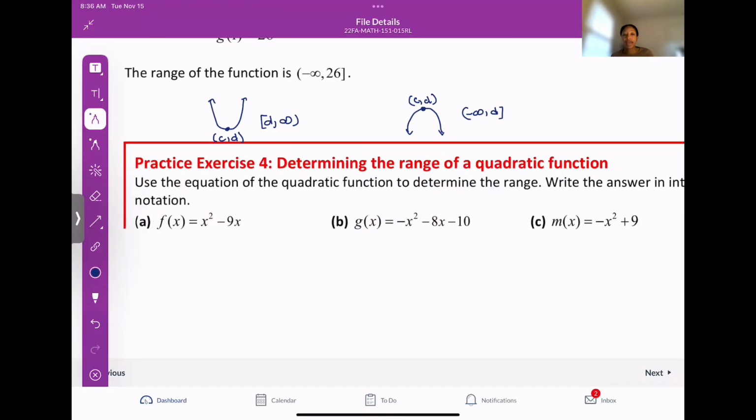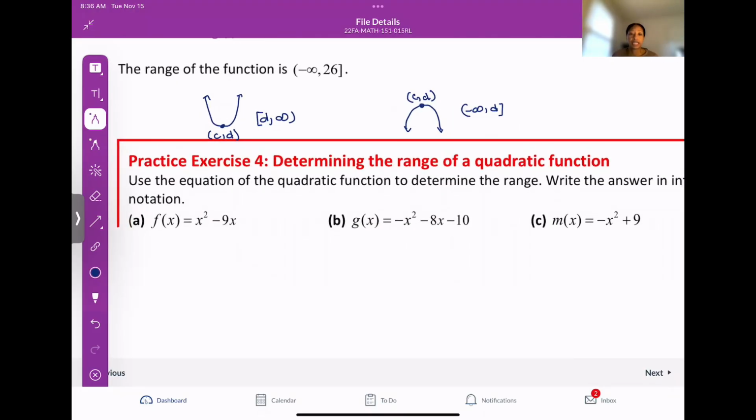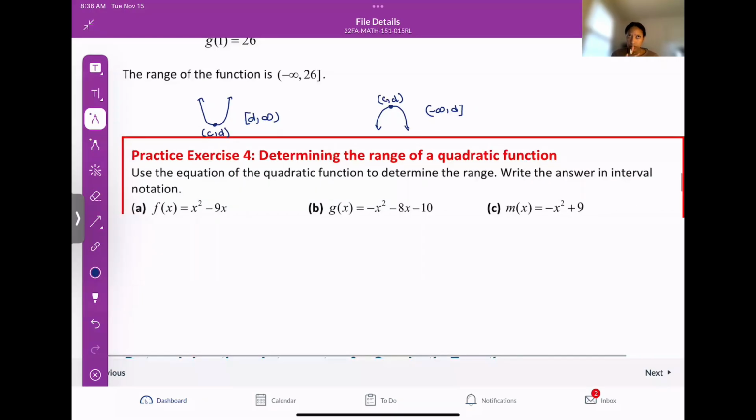Using what we had in the last section for our vertices, we can use the vertex to help us figure out what we have here. For part A, from exercise 3, we get that the vertex was at 9/2, comma, negative 81/4, and this was an upward opening parabola.